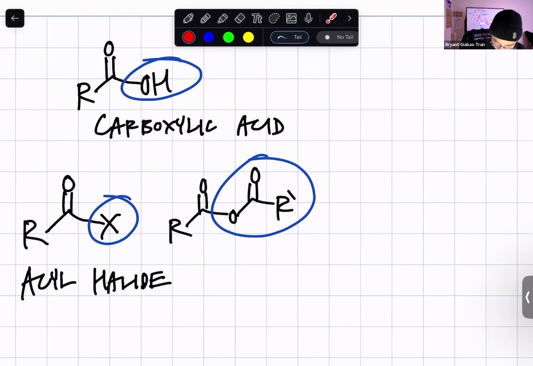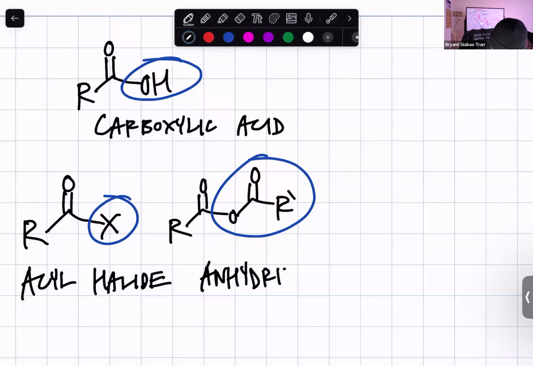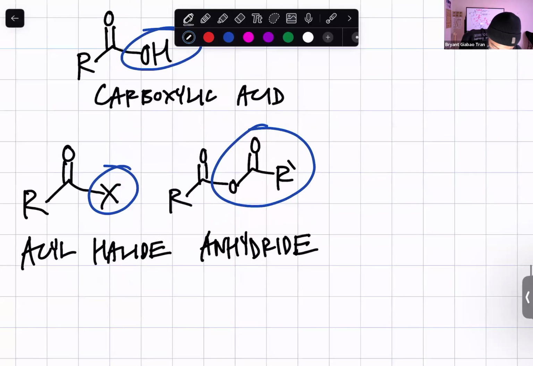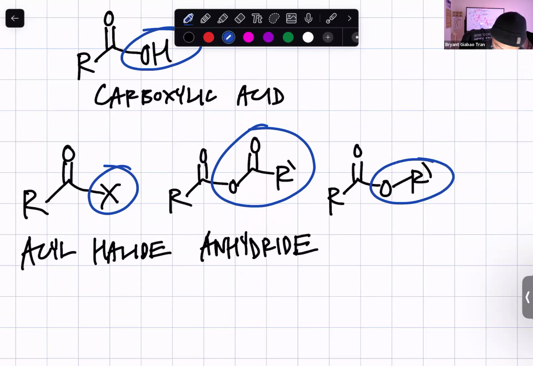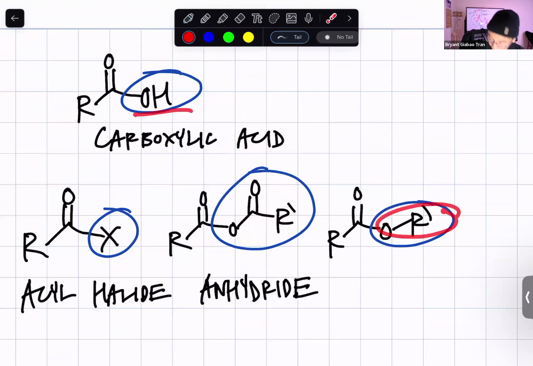It kind of looks like two carboxylic acids combining together with no hydrogen right here, right? So that is called an anhydride. The other thing is going to be an ester, right? Where the thing replacing the OH of the carboxylic acid is an OR group. That would be an ester.